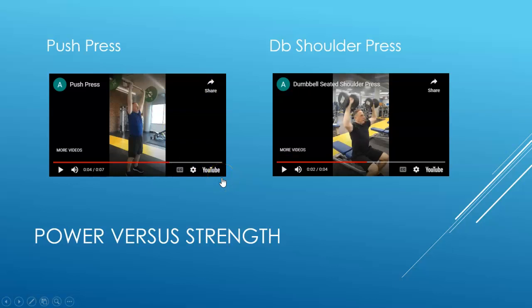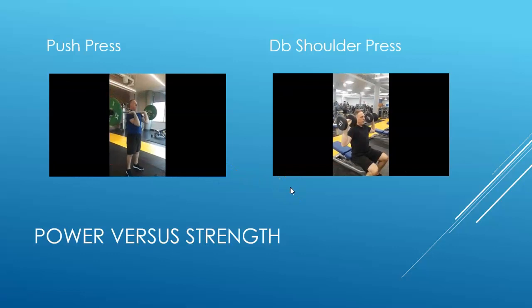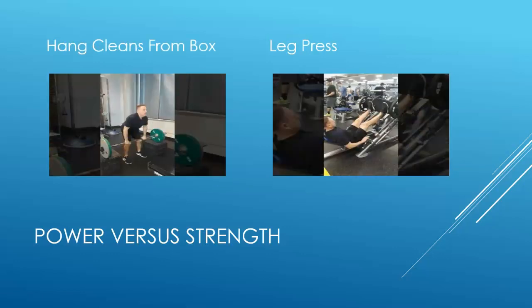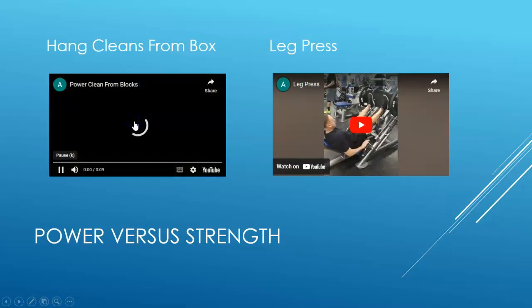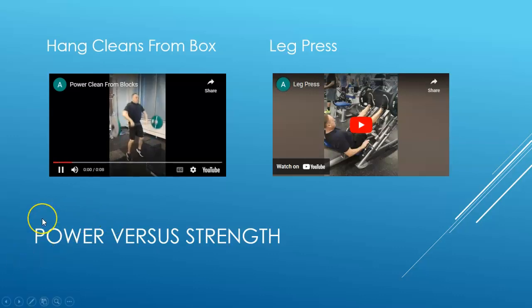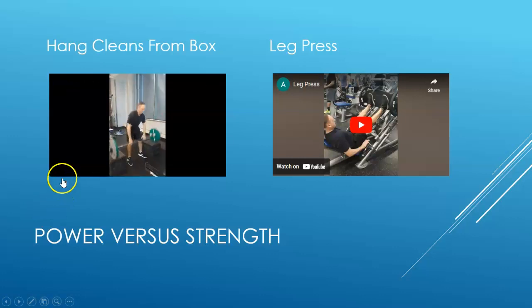So as we look at these tests, you have to start to really evaluate what's going on with each one of them. Hang cleans from a box or leg press. So you have a very power oriented movement here. Snap the hips.